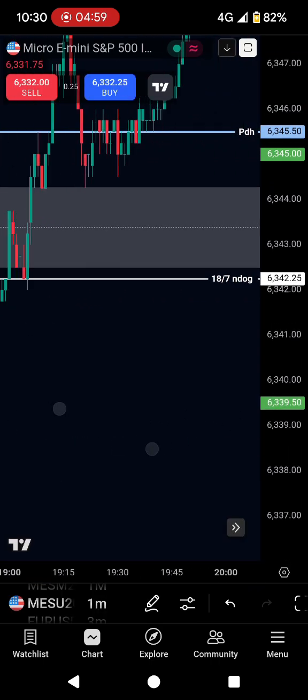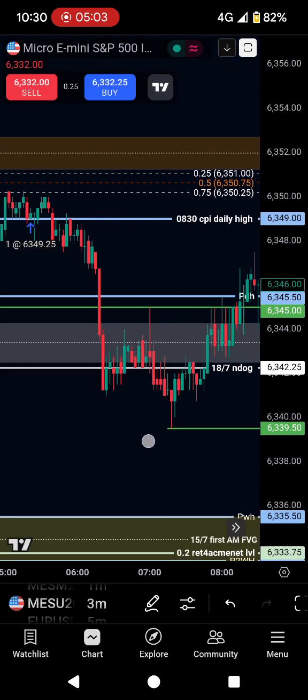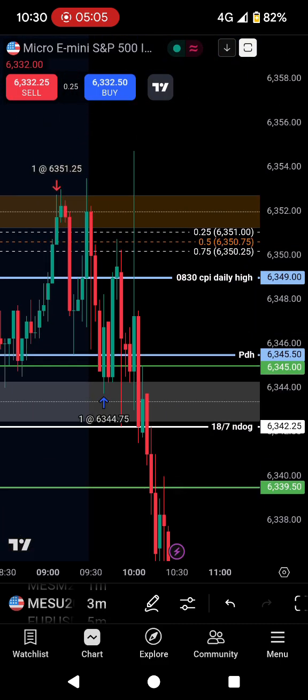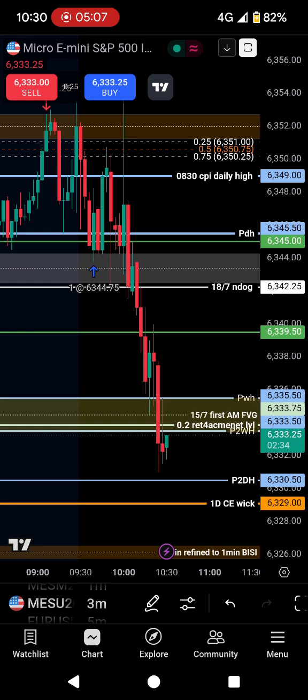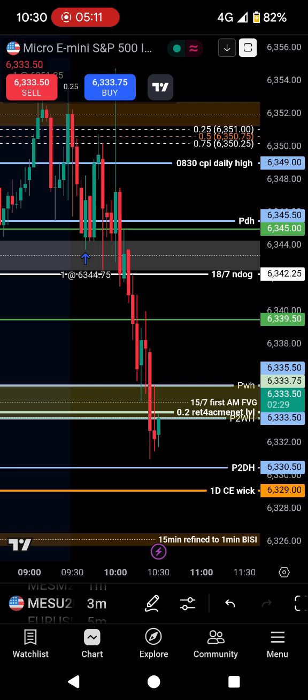Okay, then we go back. Basically nothing much today, but we reached the retracement level, so TGI have panned out, and that will be it.